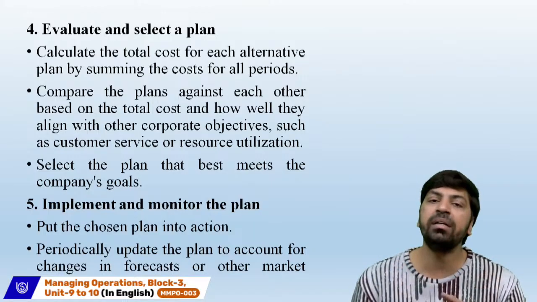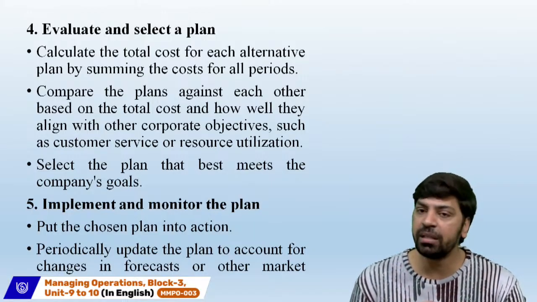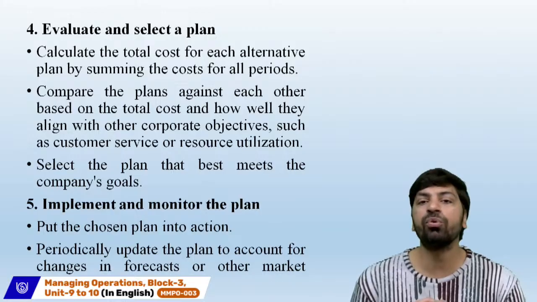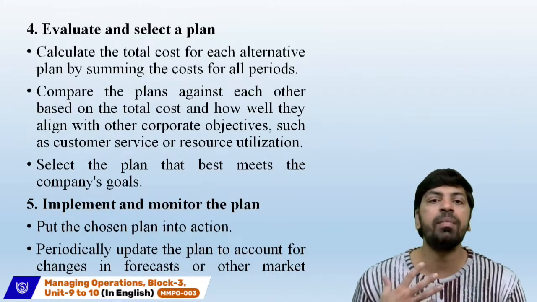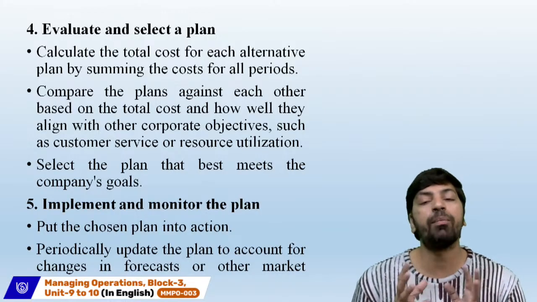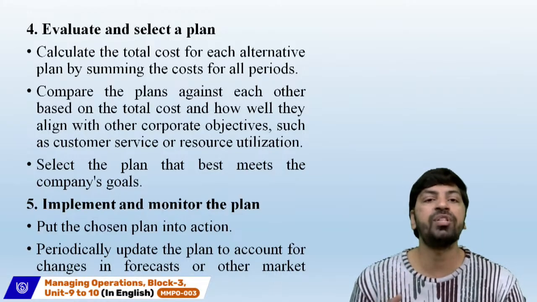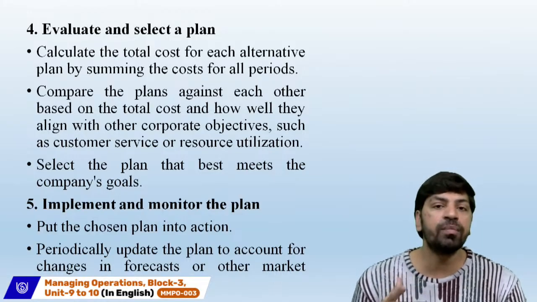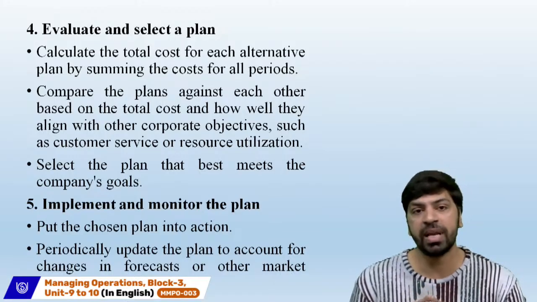Then compare the plans against each other based on the total cost, and look at how well they align with the corporate policies or objectives. It could be customer service or resource utilization.